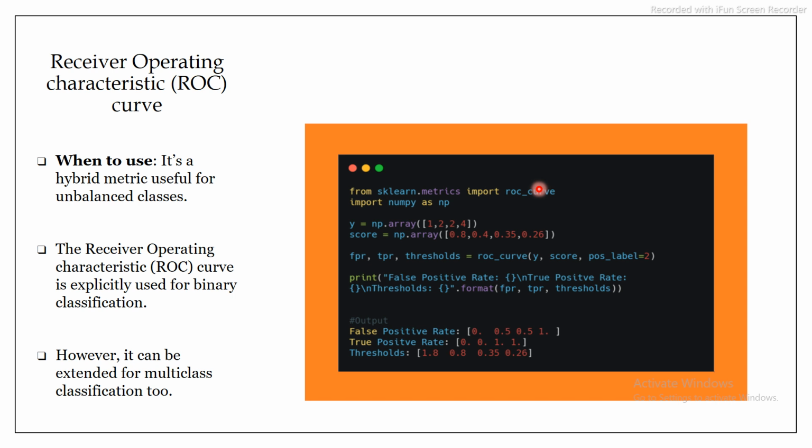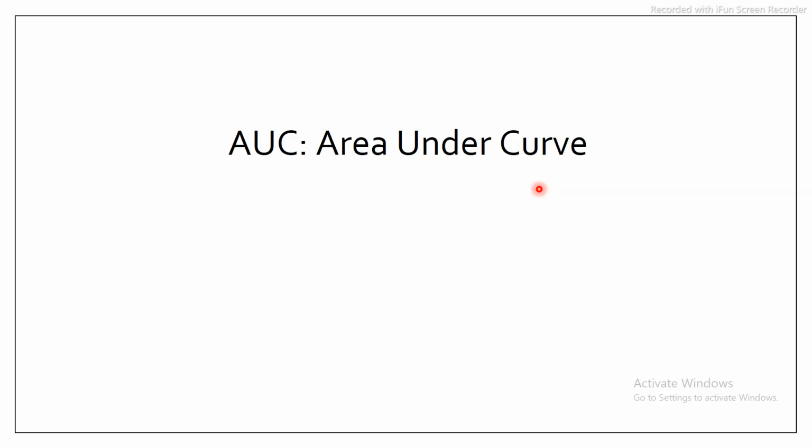That is for the binary classification problem, and the ROC curve can also be used for multi-class classification. Let's say your data set has 3 classes, positive, negative, and neutral, in that case you can also take help of this ROC curve.